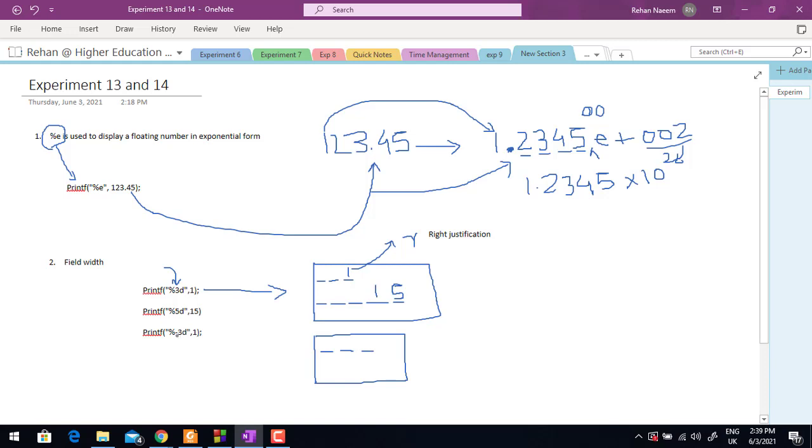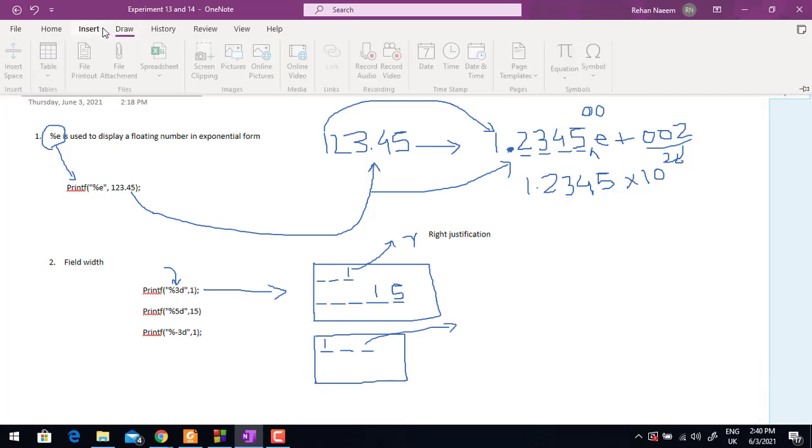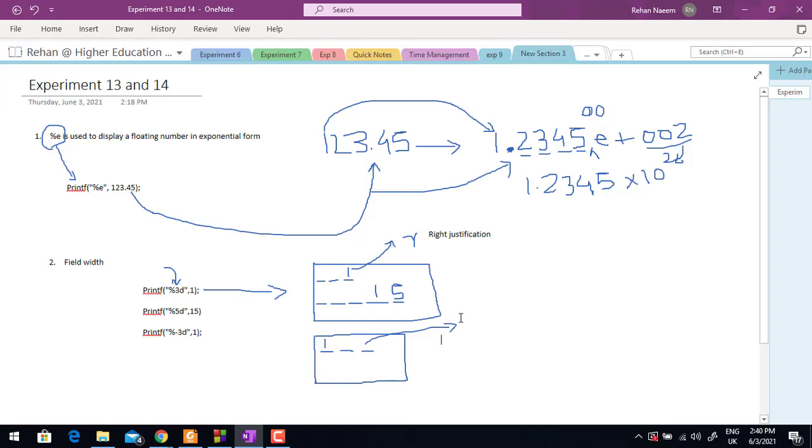And this minus sign indicates that 1 should be printed starting from the left hand side of the allocated spaces. So 1 will be printed in the first white space. This type of printing is called left justification.